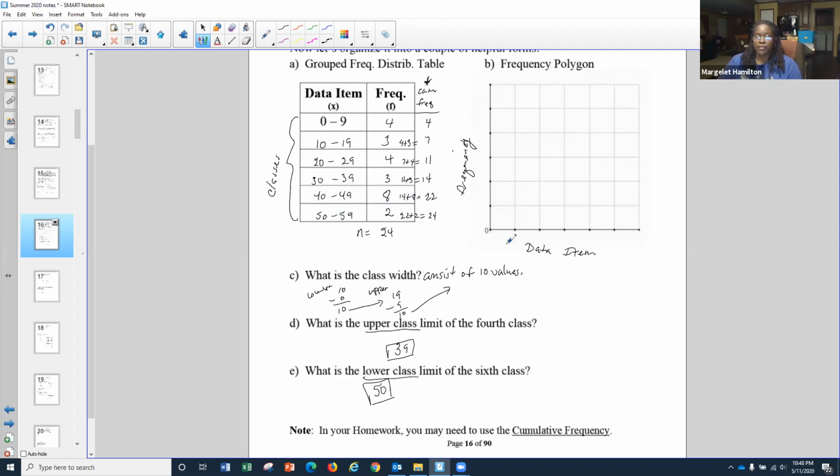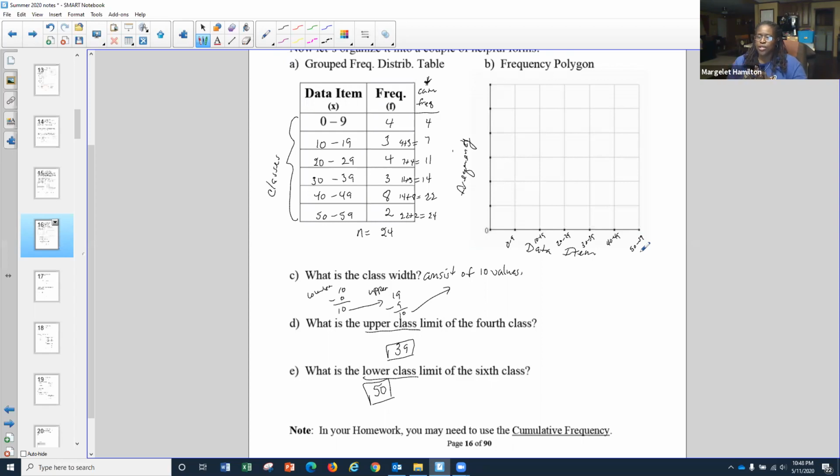So we have 0 to 9, and then 10 to 19, 20 to 29, 30 to 39, 40 to 49, 50 to 59, right?